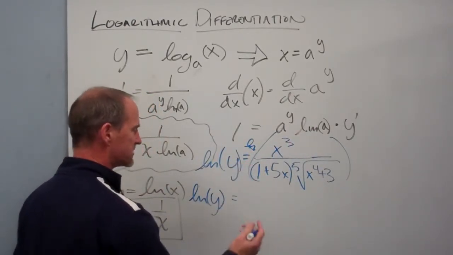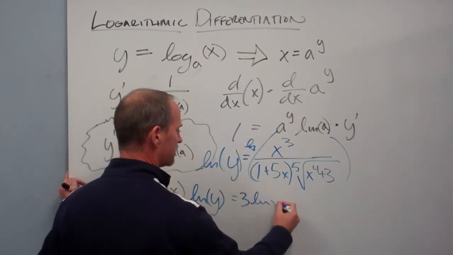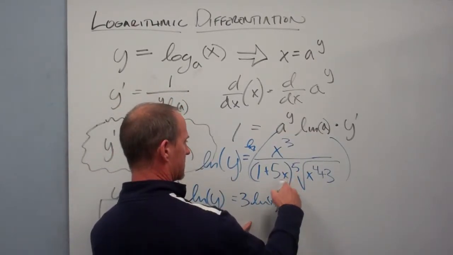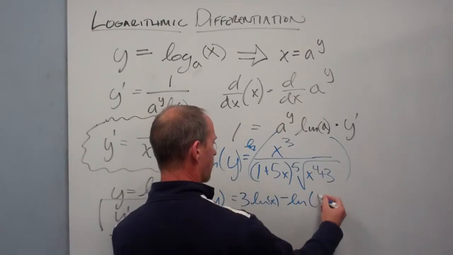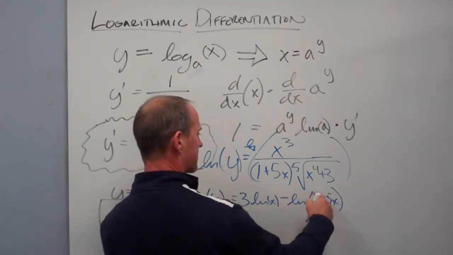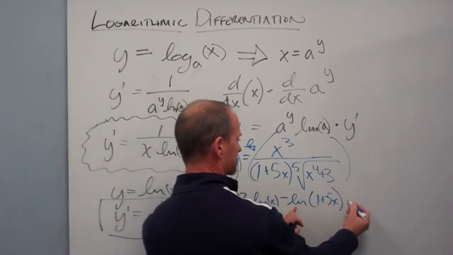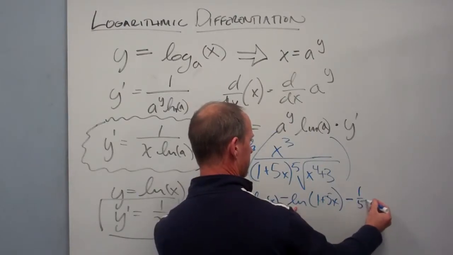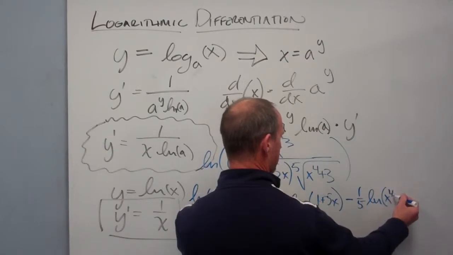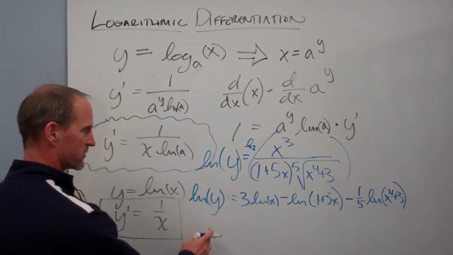So with a little bit of practice, I can make this 3 ln of x, minus ln of 1 plus 5x. I can just distribute the minus sign, so I make this minus 1/5 ln of x to the fourth plus 3. Hope that all fits. I'll move it over a little bit.